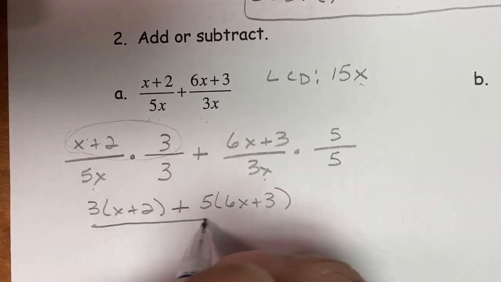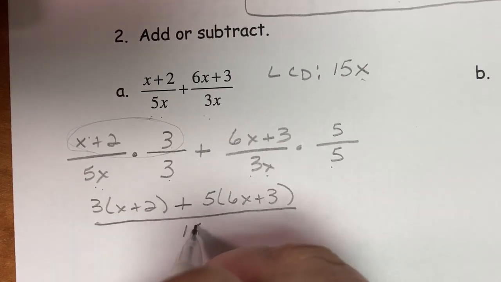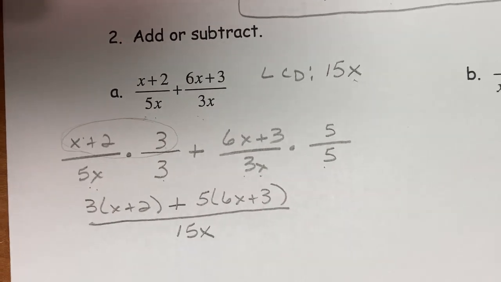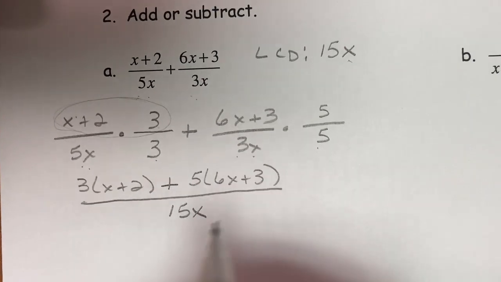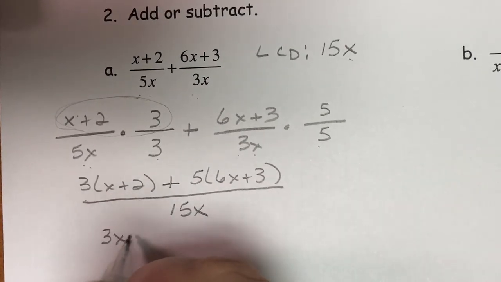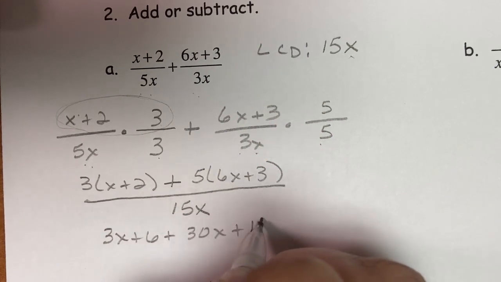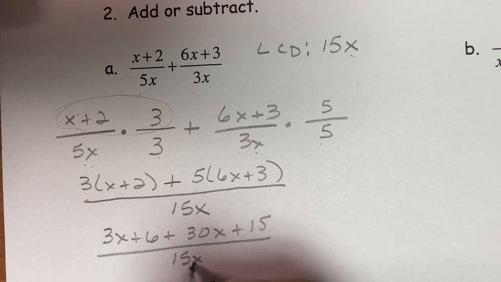And that's all going to go over my common denominator, which in both cases you can see is now 15x. So now let's go ahead and let's distribute. So we're going to have 3x plus 6 plus 30x plus 15 all over 15x.